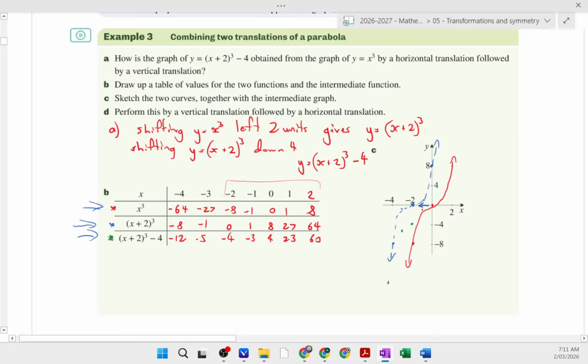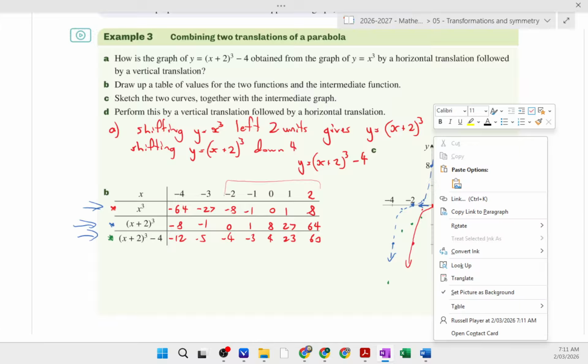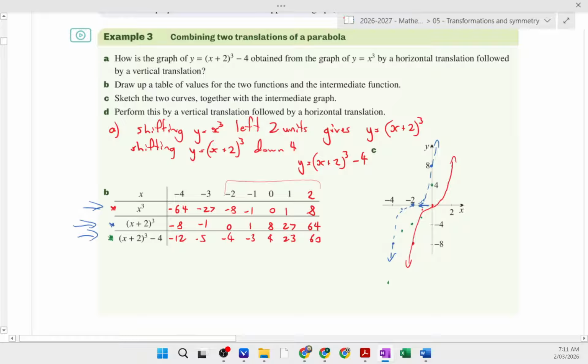Then at minus 1, we're at minus 3. And at 0, we are at 4. Then at 2, we're at 23, so we're starting to head up here. So this one will look a lot like that. It's not a great graph, but you start to get the point.